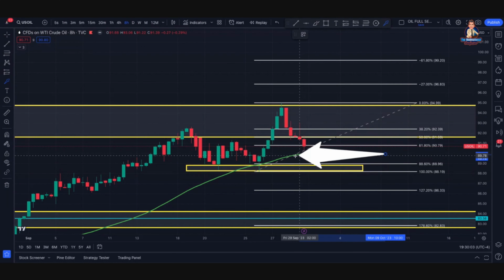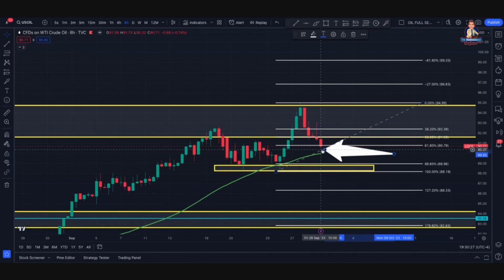We see the 50-day moving average, a great area of support when price is above it. Price came near the 50-day moving average, we see the 61.8, and we also have a bottom zone right here. So price action on the smaller time frames is going to tell us what to do.